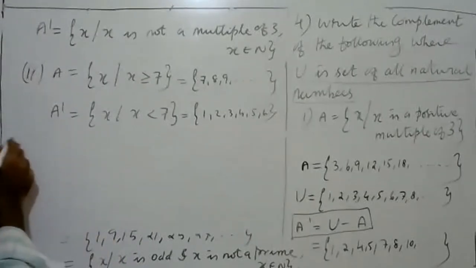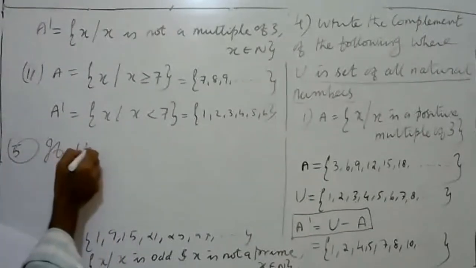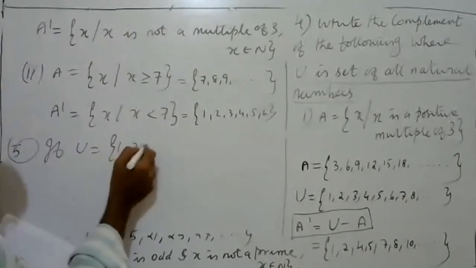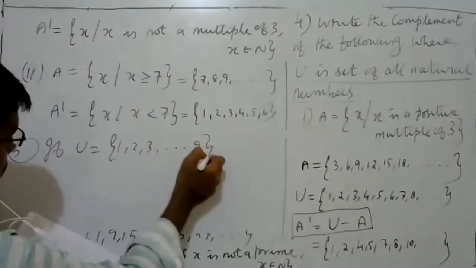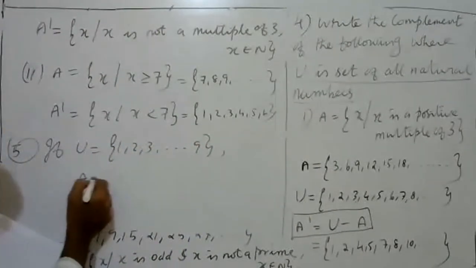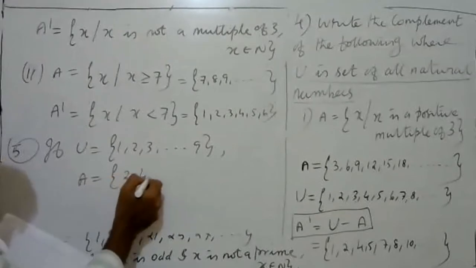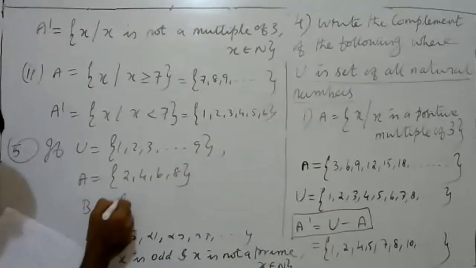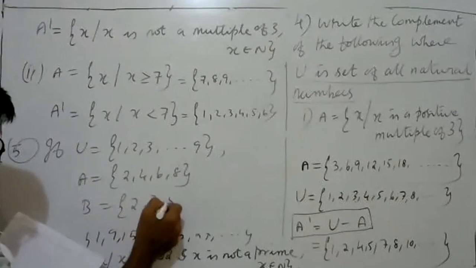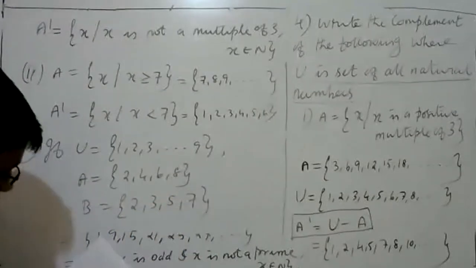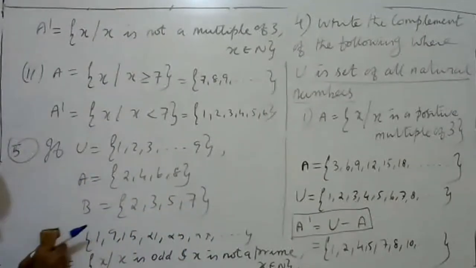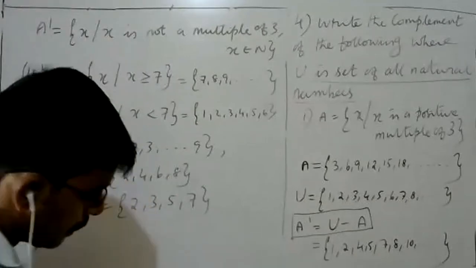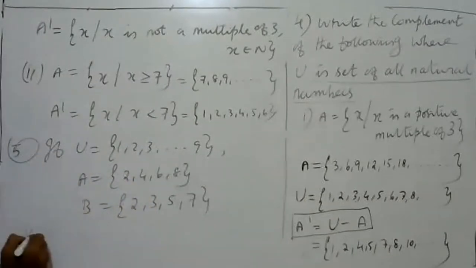Fifth one. If U is equal to 1, 2, 3, and so on up to 9, A is equal to 2, 4, 6, 8, and B is equal to 2, 3, 5, 7. The question is verify.